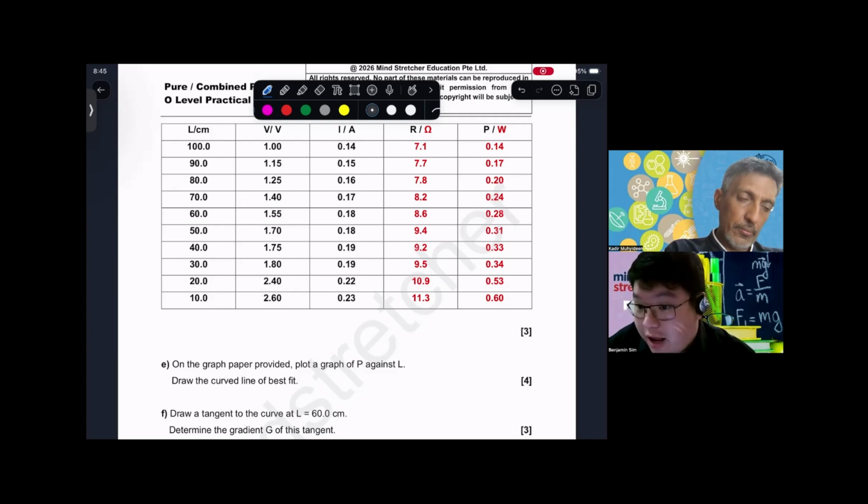But for 20 and 10, you will get a value of around 10.9 something. If you were to leave it at 2SF, you will end up with 11, and then this value will also be 11. It's a little bit weird, so for this case we will just leave it as 3SF. It's also completely okay.